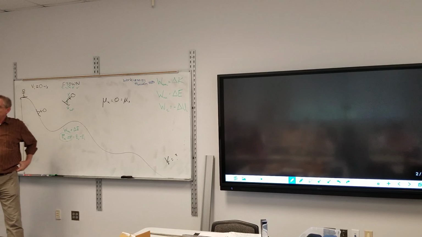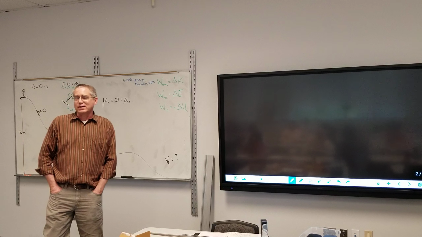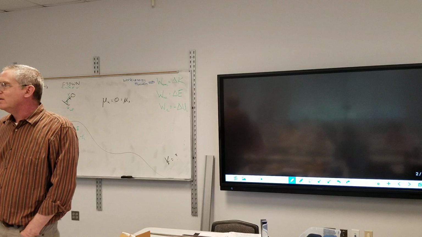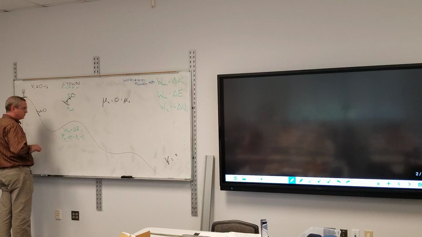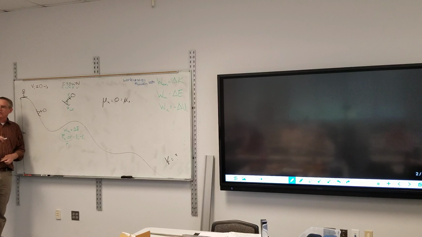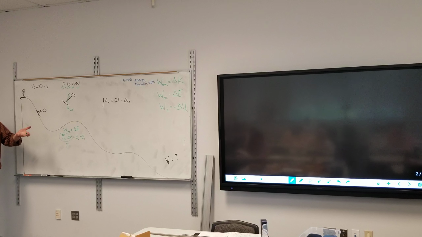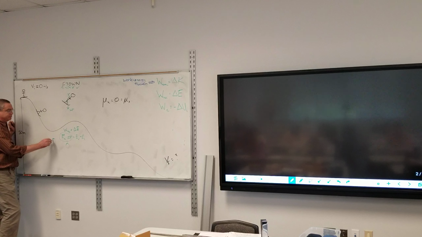Perpendicular vectors, what's the dot product? Equal zero. Yes. So before, non-conservative work was zero because there were no non-conservative forces. Now it's zero because the normal force is perpendicular to the displacement.